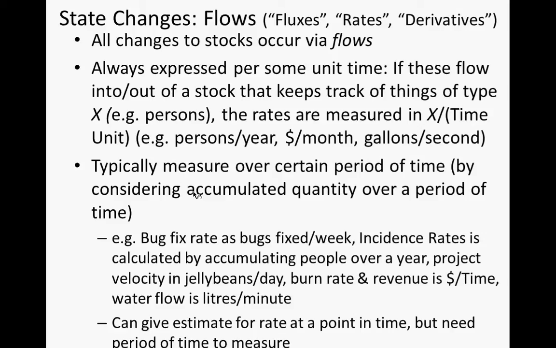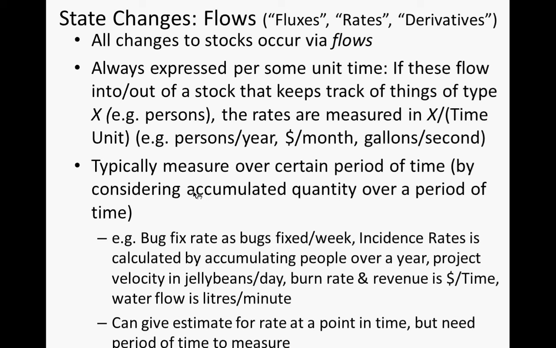So maybe people per month that we hire onto our software development team. It may be number of people per month getting ill, what have you. If we have a stock that's measured as unit X, maybe it's people, then the flows in and out of the stock will be measured in people per unit time.